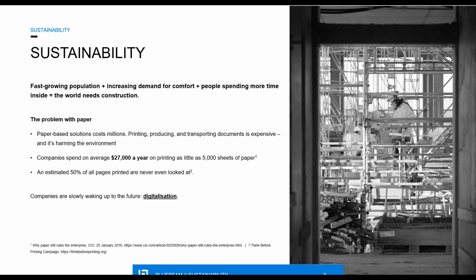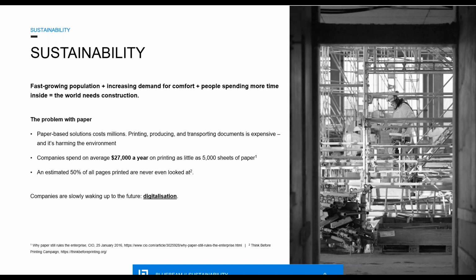But one major problem is definitely paper, and our reliance on paper-based solutions costs us millions. Printing, production, transportation, all the important documentation is truly very expensive and is harming the environment.